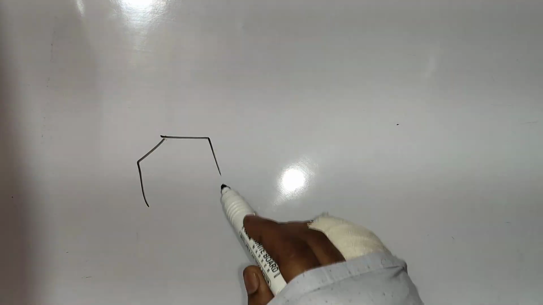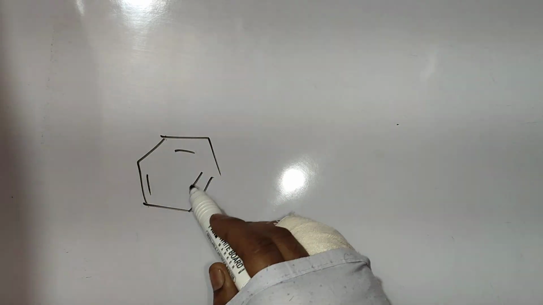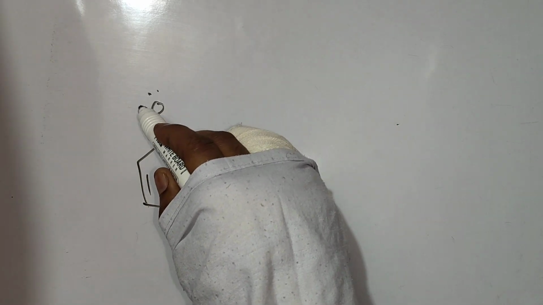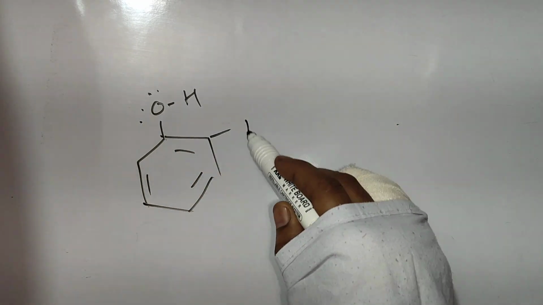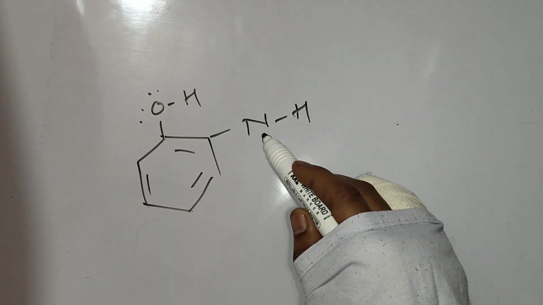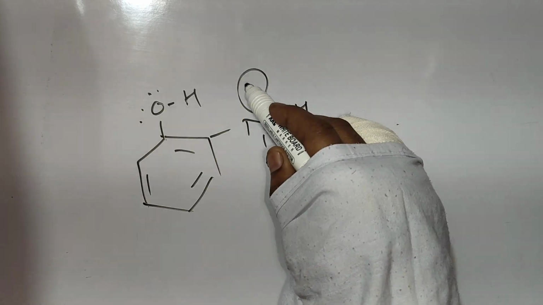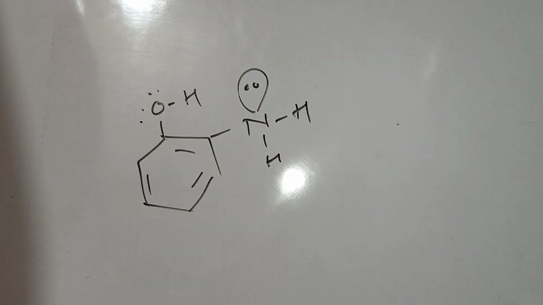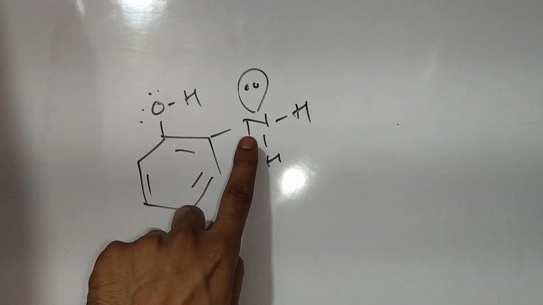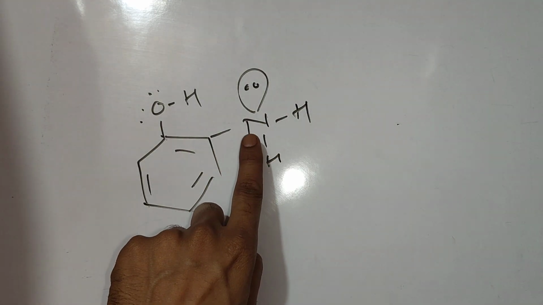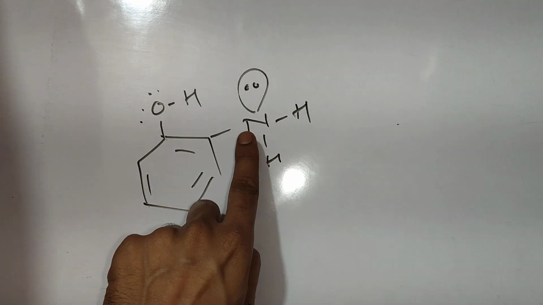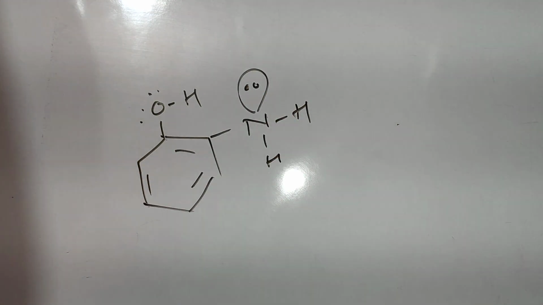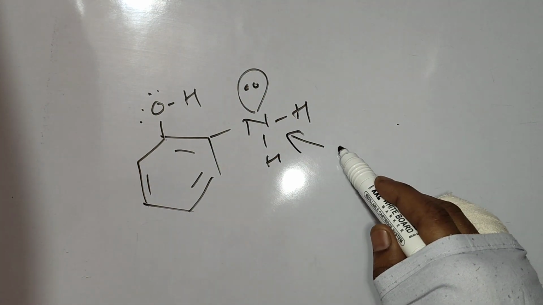Whereas if I am using this functional group, amine, this one, please check, will it show plus R effect or minus R effect? The nitrogen is connected with the benzene ring directly and it has a lone pair. So definitely it will show plus R effect.